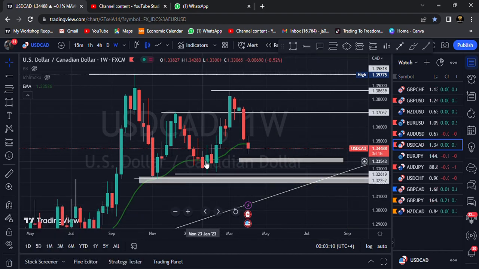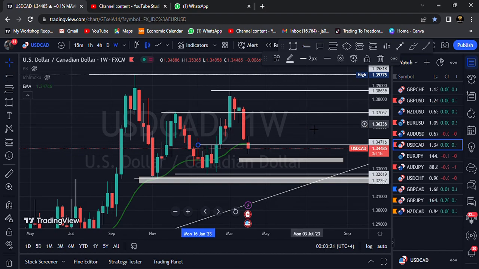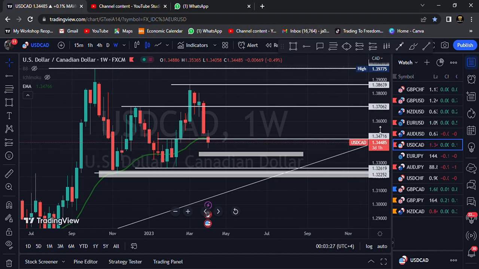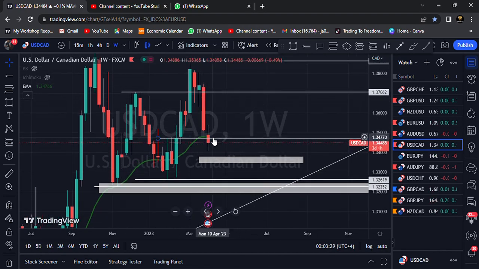So the market might wanna, because there is also a level here. Yeah, the level is here. So we now have to observe exactly what the market is doing at this level. Is it breaking? If it breaks here, it means it might reach here.